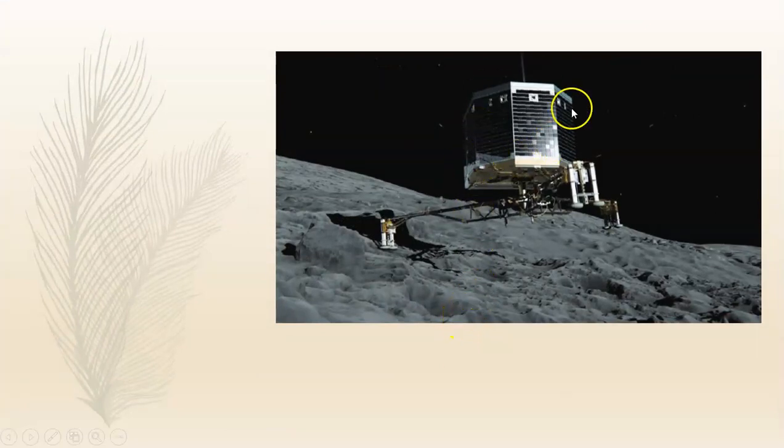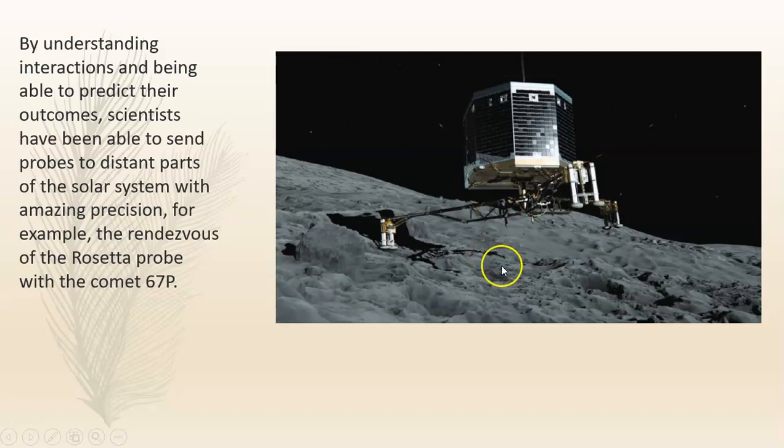So cool. You see that this is something not on the earth, it should be outside the earth, right? By understanding interactions and being able to predict their outcomes, scientists have been able to send probes to distant parts of the solar system with amazing precision.